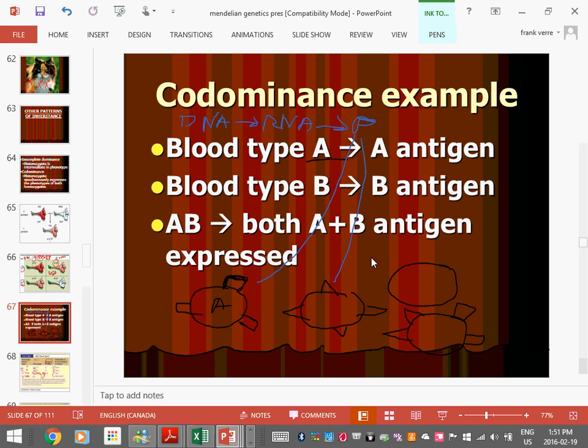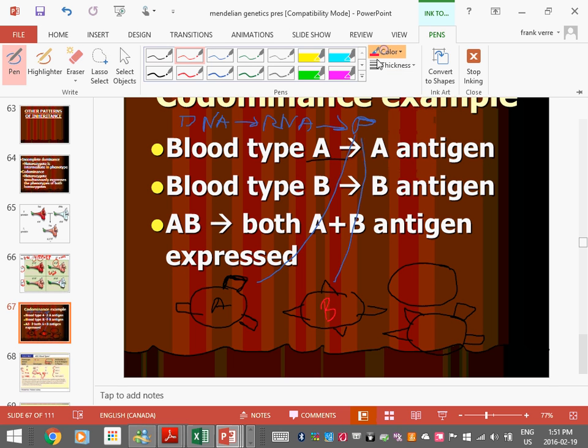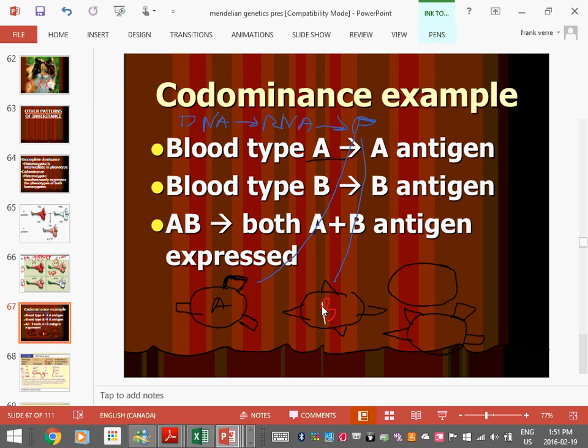So, blood type. Now, blood type, we know that there's different types of ways you can organize blood type. One is through the ABO system. So, let me show you. Can you see that? So, let's imagine that you have blood type A. What exactly does that mean? Well, that means that in your genetics, you produce a type of protein that I'm going to represent as a square.